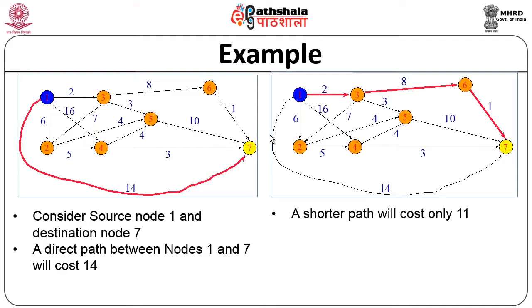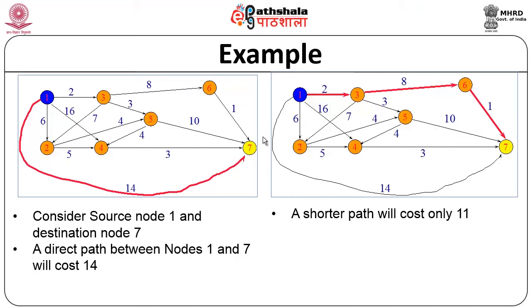Now, let us take a small example. Consider the source node 1 and the destination node 7. A direct path between nodes 1 and 7 will cost you 14. Now, you can have a path going from 1 to 3, 3 to 6 and 6 to 7. That will give you a path between 1 and 7 of cost 11.